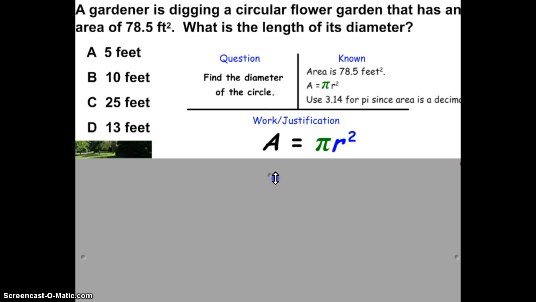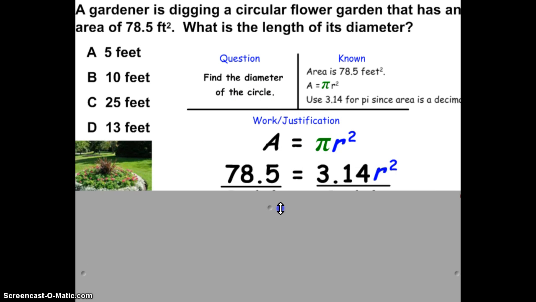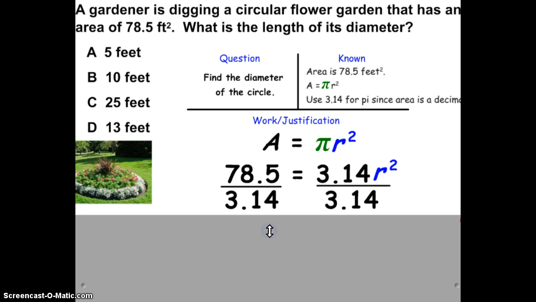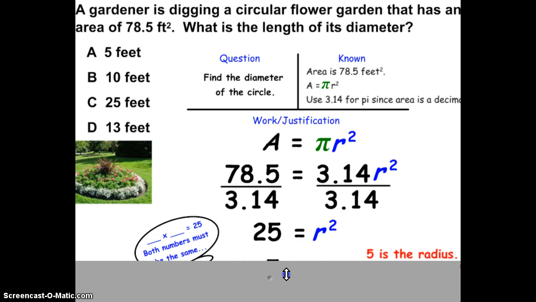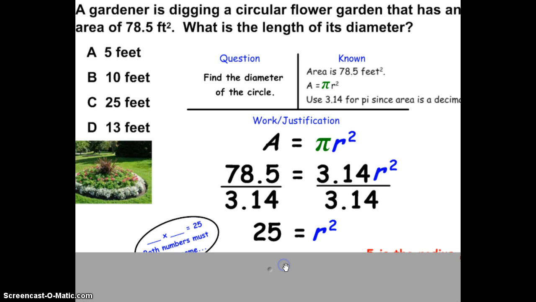I have my formula. I replace it with my numbers. The opposite of multiplying by 3.14 means I divide by 3.14. When I divide 78.5 by 3.14, I get 25.